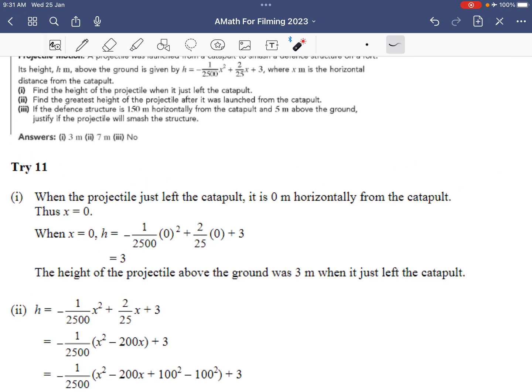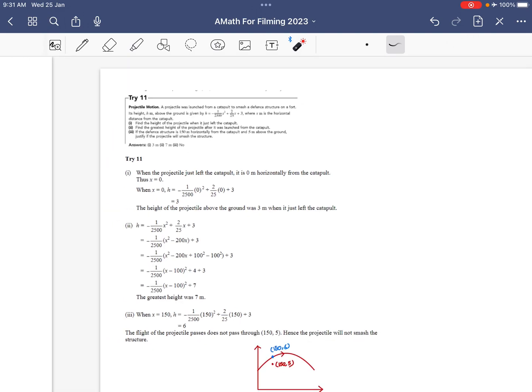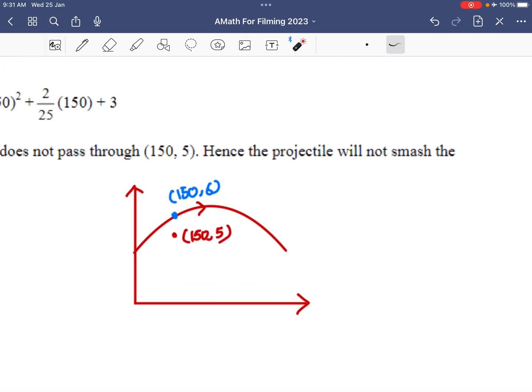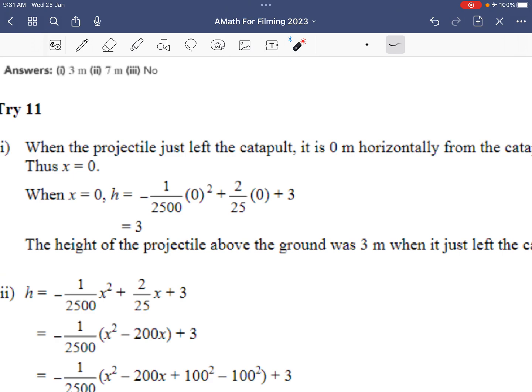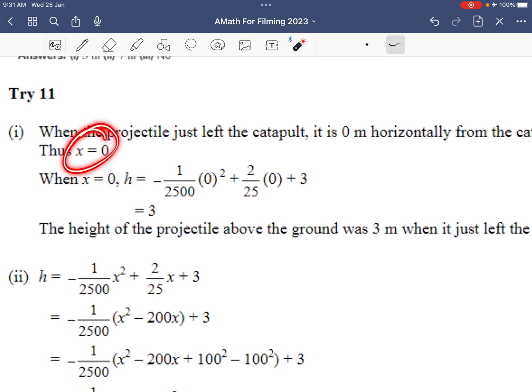So when the projectile just left the catapult, it is 0 meters away from the catapult. So that means it's at x equals 0. Basically, same idea here. What I'm trying to find is, when my x value equals 0, where is my projectile? I will just simply substitute it into the equation.